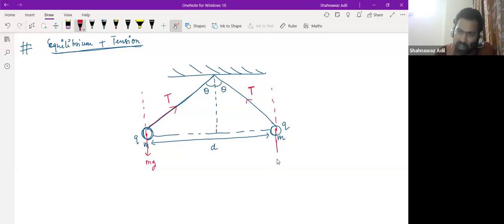Here we also have gravity, mg, downwards. And what is the other force that you have? These are positive charges. You have one force that is tension, another force is gravity. What is the other force? Can you tell me about that?